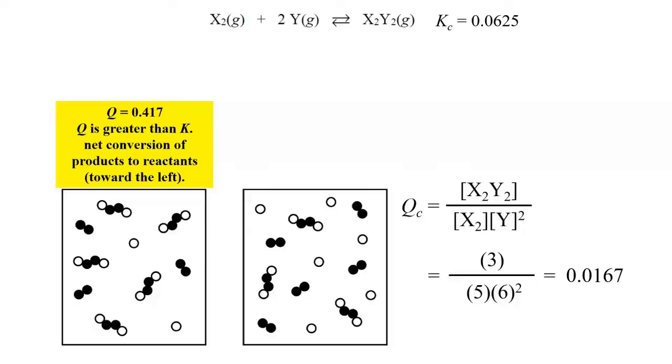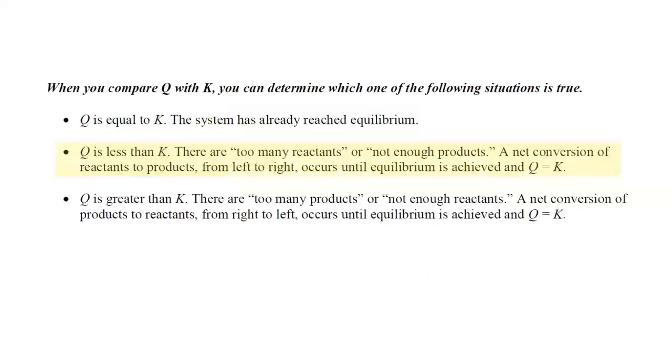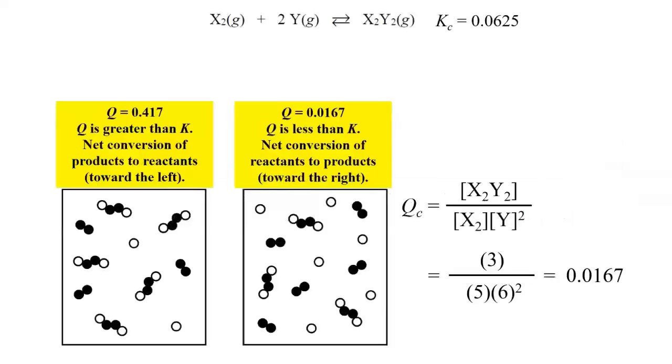So comparing that to the value of Kc, we see that Q is less than Kc for this diagram. And if Q is less than K, then there are either too many reactants or not enough products. A net conversion of left to right, reactants to products, would occur until equilibrium is achieved and Q equals K. So for this system, there is a net conversion of reactants to products toward the right.